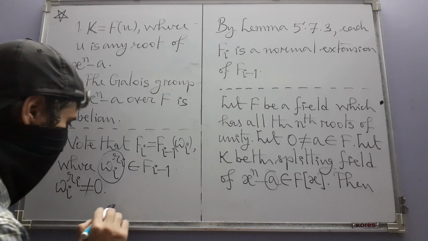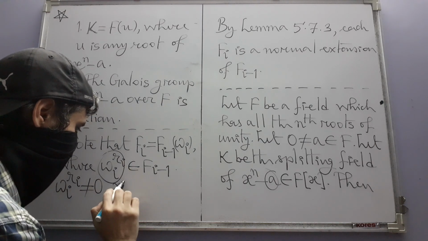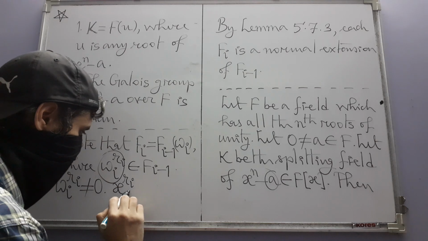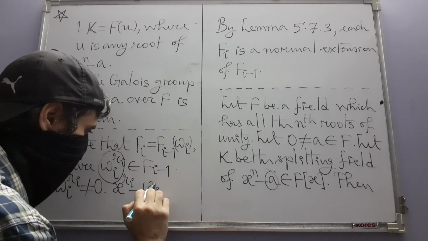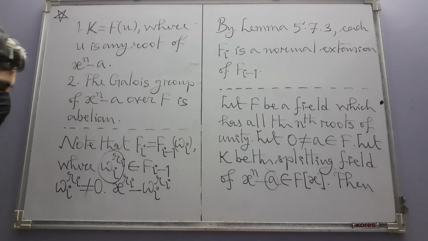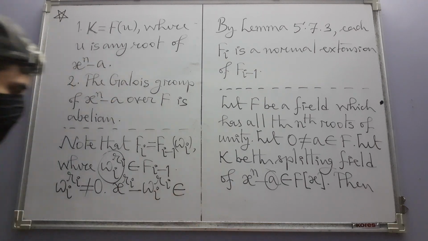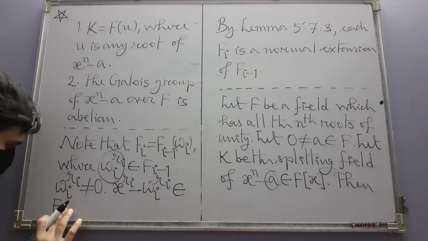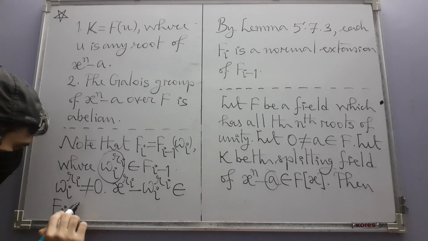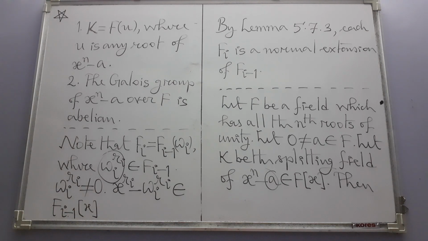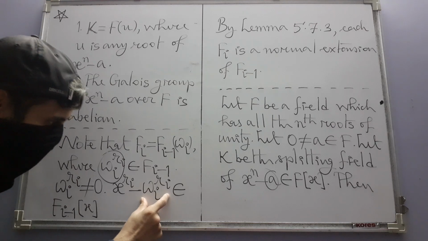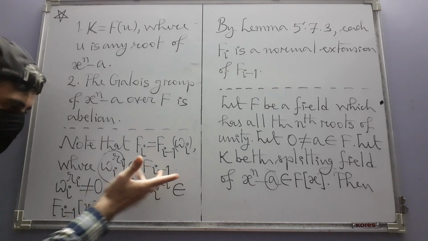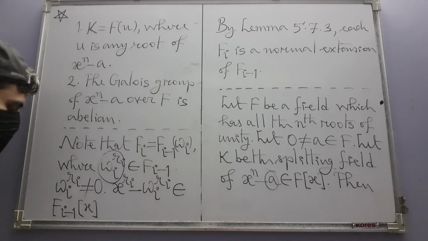Now consider this polynomial x^{r_i} minus ω_i^{r_i}. This is a polynomial in F_{i-1}[x], because its constant term is after all an element in F_{i-1}.